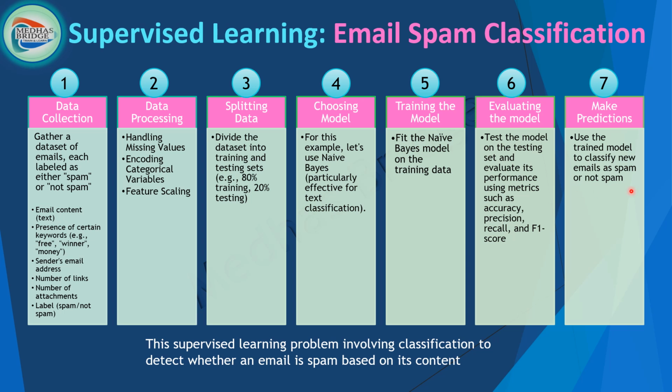That is the classification that you would expect to see from this model. So this is one of the simple and best examples to understand the concept of supervised learning, right? This is a supervised learning problem involving classification to detect whether an email is spam based on its content.